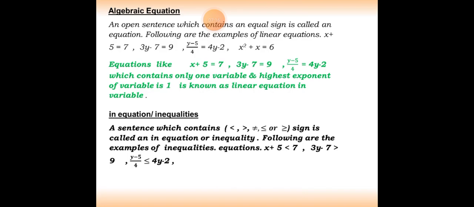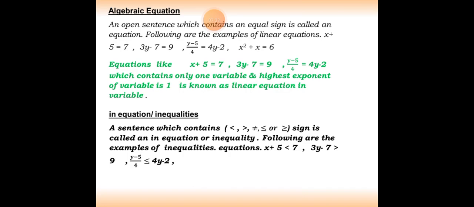Okay, but first of all, coming to the algebraic equation. In mathematics, an algebraic equation or polynomial equation is an equation of the form P equals 0, where P is a polynomial with coefficients in some field, often the field of rational numbers.